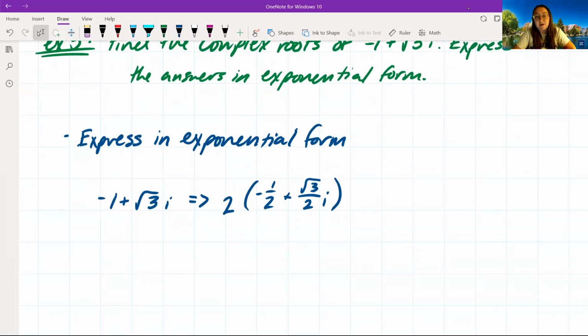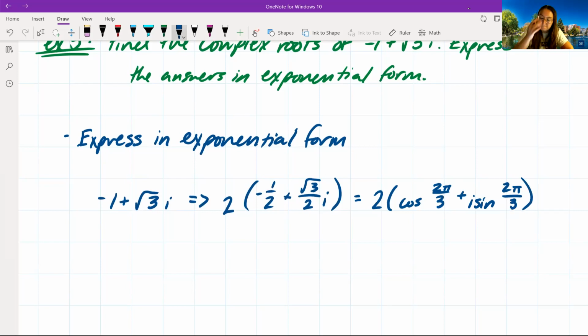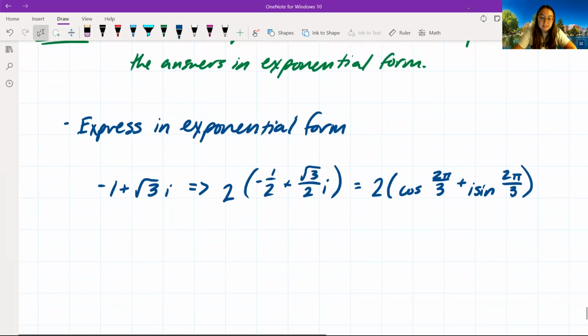Then the only values that would then make this true would be 2 pi over 3. So we have 2 times cosine of 2 pi over 3 plus i times sine of 2 pi over 3. So this is in our polar form.